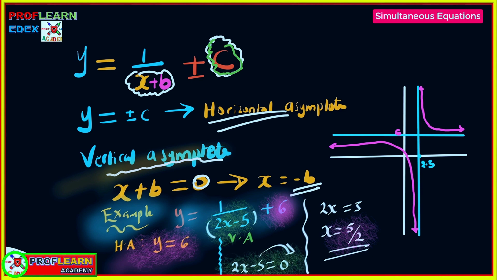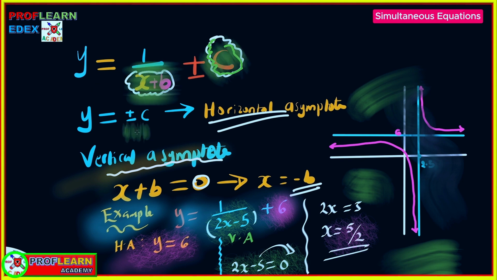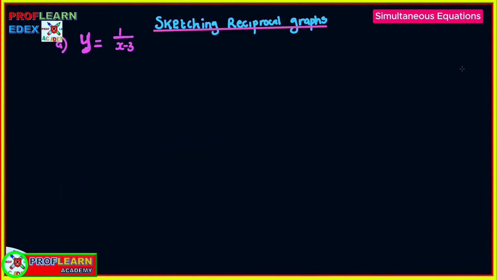Vertical asymptote: take the denominator, 2x minus 5 equals 0, and make x the subject. Okay, now sketching the graph, that is exactly what you're going to get. You have horizontal and vertical asymptotes, and then we can say the graph will look like the one that we have in the next section.